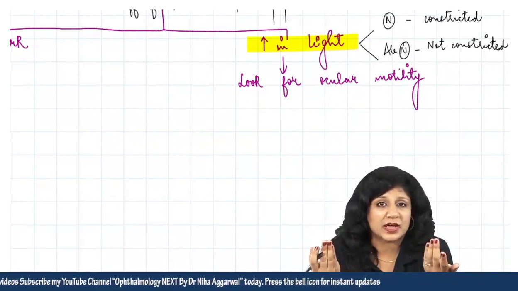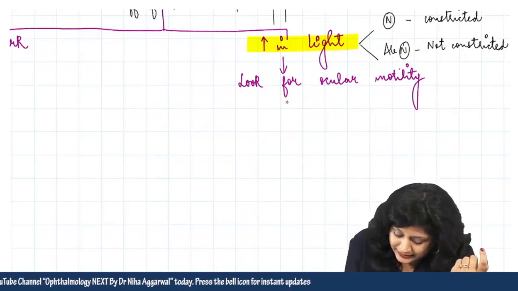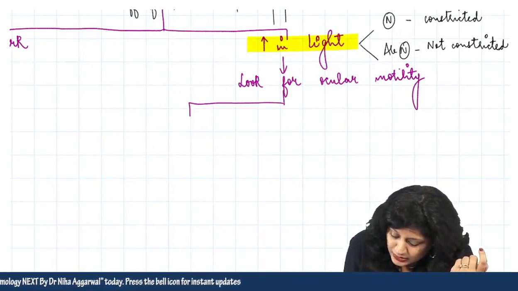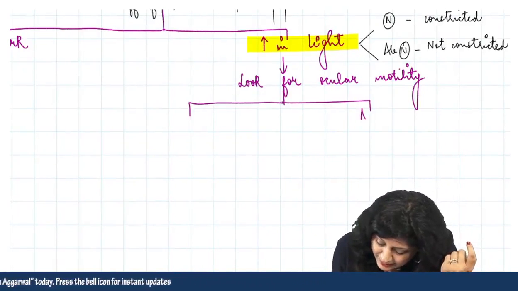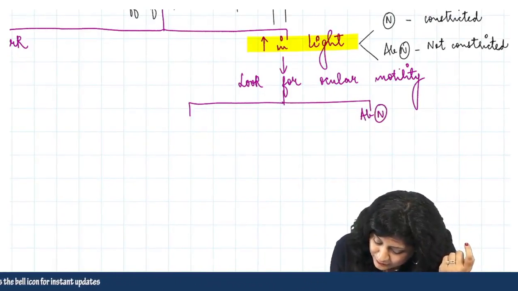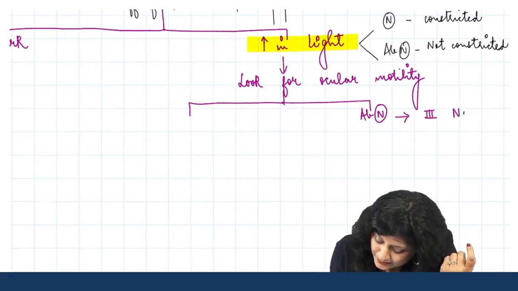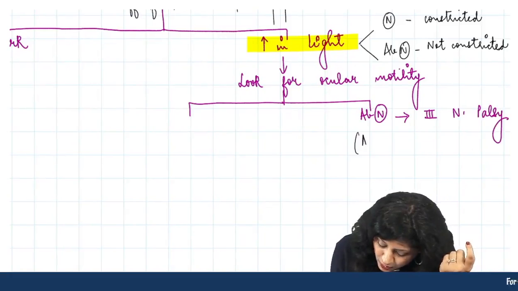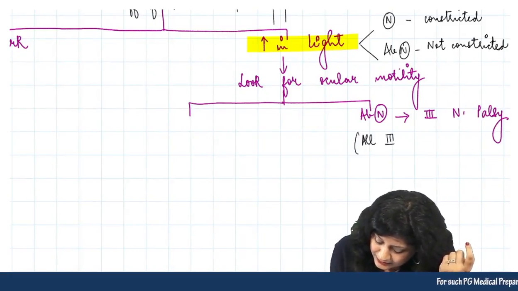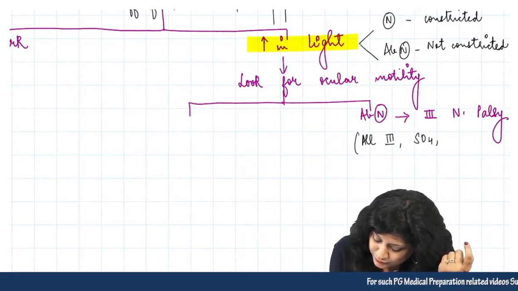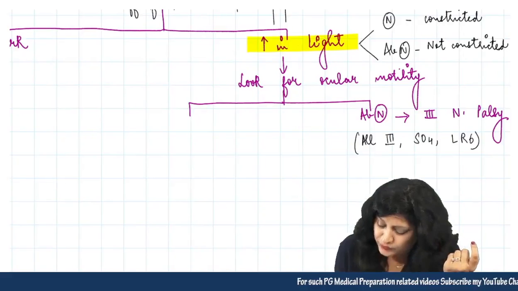So look for the ocular motility. If the ocular motility is abnormal, then we are suspecting third nerve palsy, because you know that all are supplied by the third nerve except for SO4 and LR6. So we are suspecting third nerve palsy.